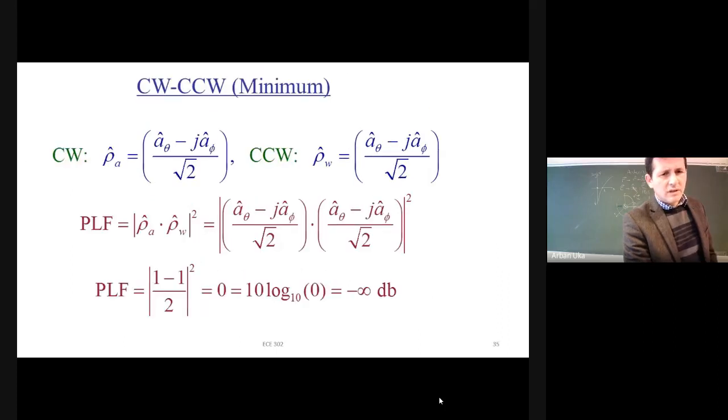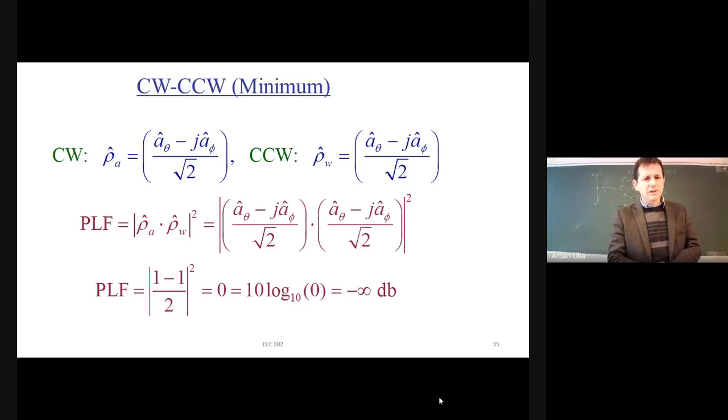Now here we see a wave which has a clockwise polarization and an antenna which is clockwise, and here we have a wave which is counterclockwise. In this case, the unit vectors describing these two are the same, but since they are traveling in different directions, one is clockwise and the other is counterclockwise.